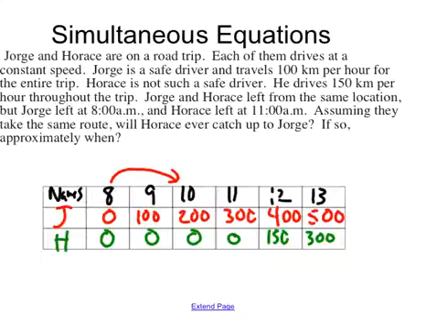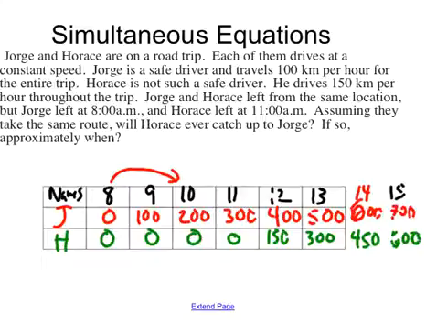Jorge at 2 o'clock, so this would be 14, will have gone 600 kilometers, and Horace will have gone 450 kilometers. At 3 o'clock, which would be 15, Jorge will have gone 700 kilometers, and Horace will have gone 600 kilometers.